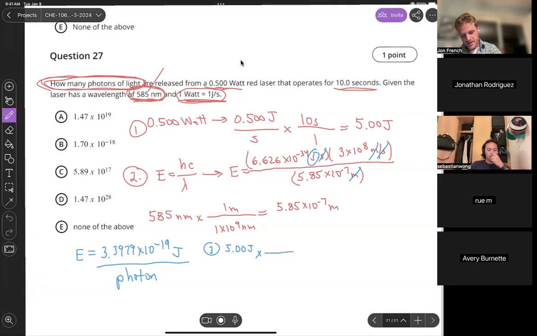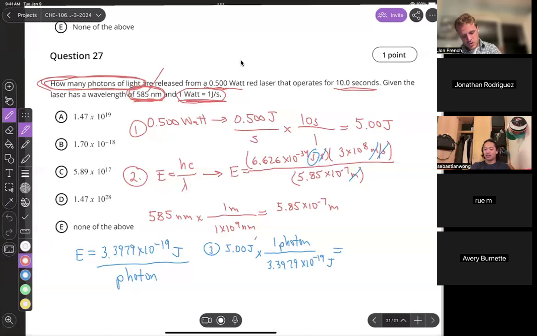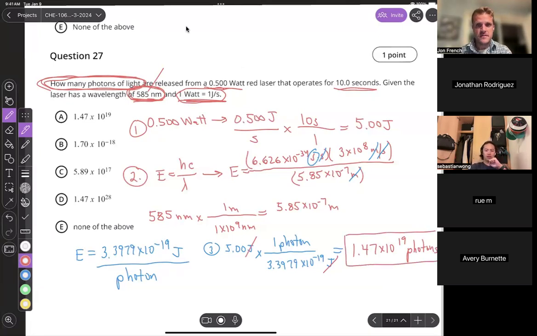For every 1 photon, it brings 3.3979 times 10 to the minus 19 joules. So we divide, joules cancel out, and we're left with about 1.47 times 10 to the 19 photons needed to provide that much energy.